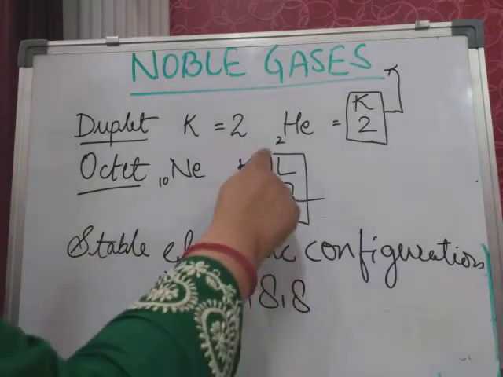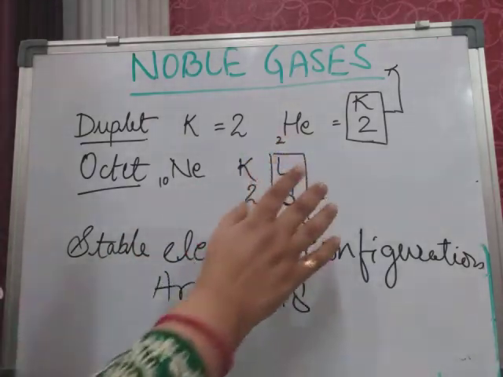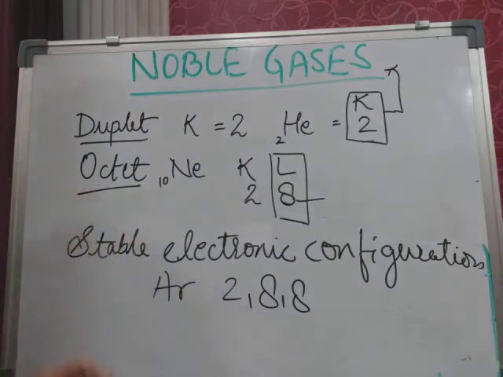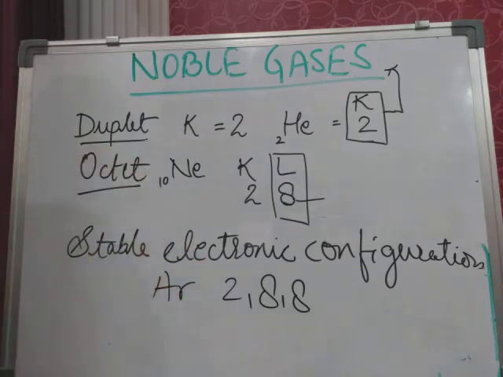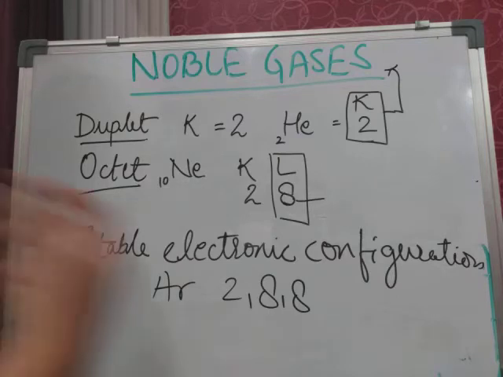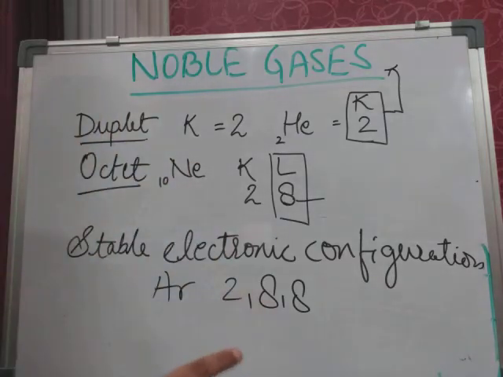Octet means the outermost shell has 8 electrons, and if the outermost shell has 8 electrons, it means that atom is stable and does not gain, lose, or share any electron to attain stability.